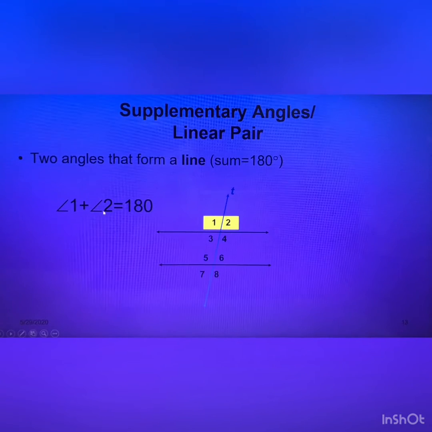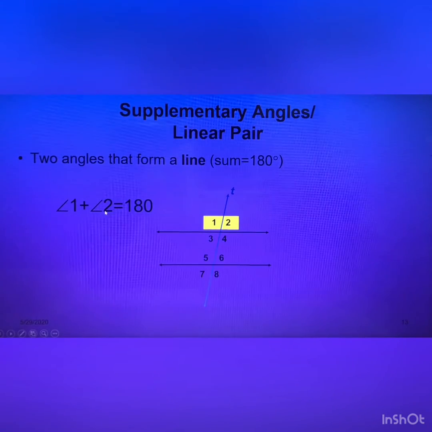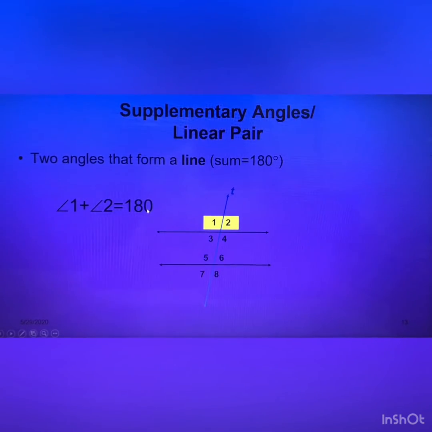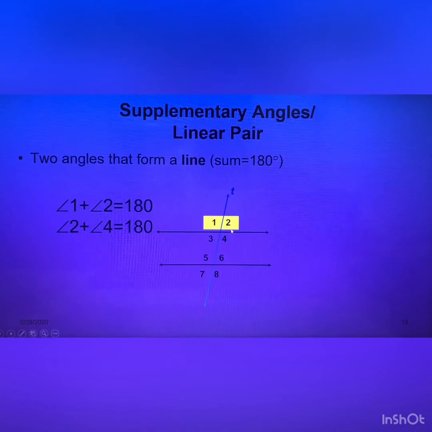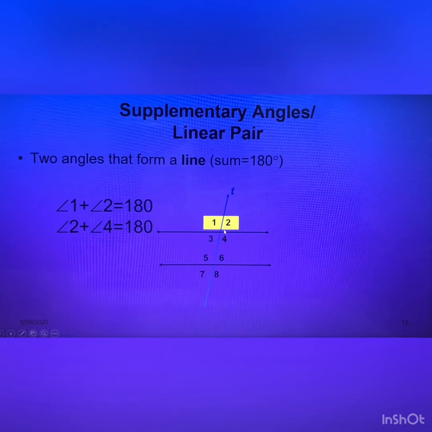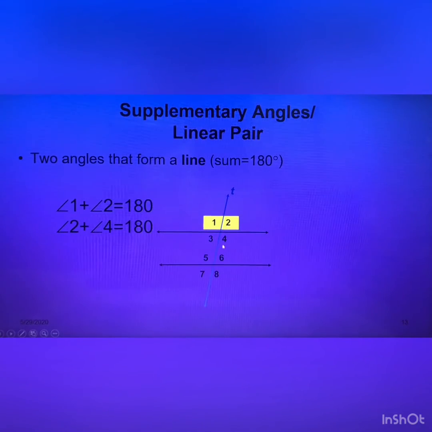Because the sum of angle 1 plus angle 2 is 180 degrees. Similarly, angle 2 and angle 4 once again form a linear pair, and these are also supplementary angles. So the sum of angle 2 plus angle 4 is once again 180 degrees.